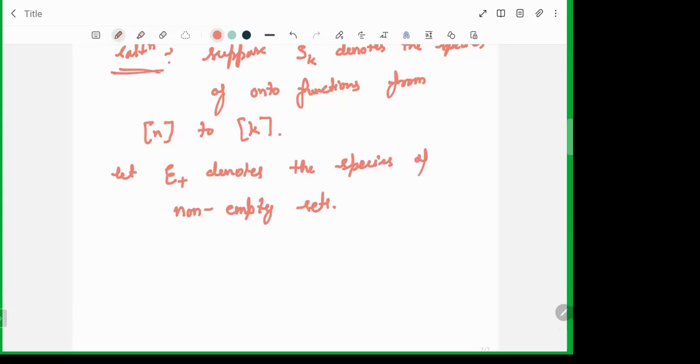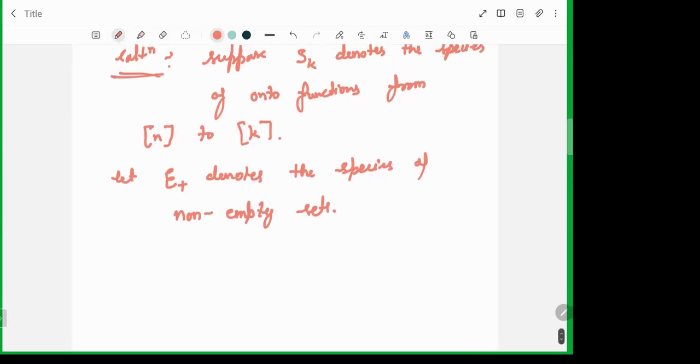We computed this last time, right? So what is the generating function of E plus? You cannot take the empty set.